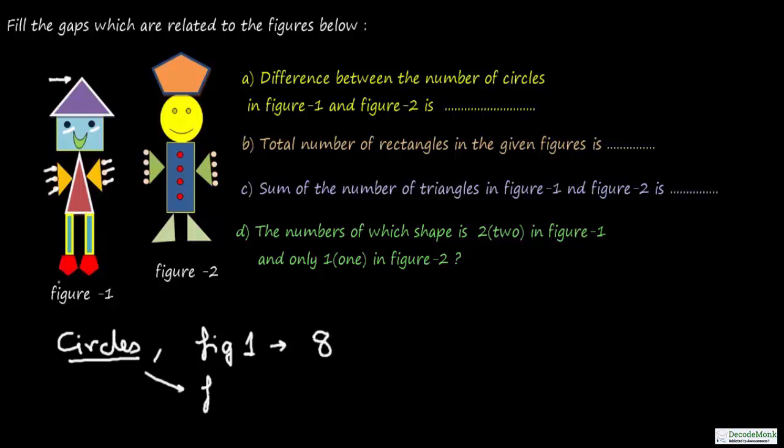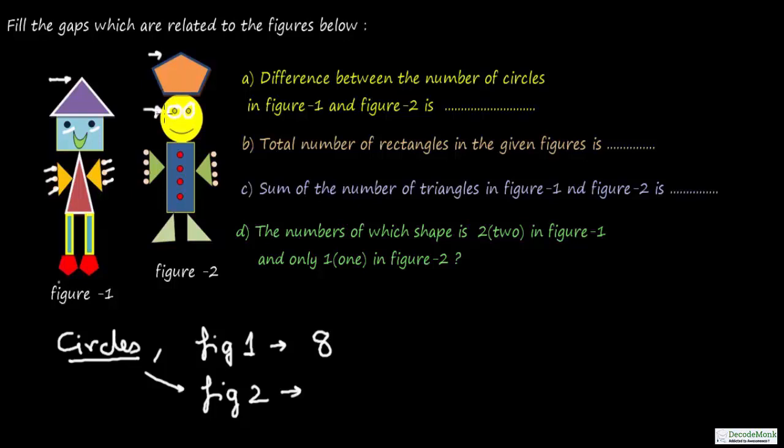Similarly, let us count the number of circles in figure 2. Here again, as you start from the top, you see the cap is a pentagon, 1 2 3 4 5. So there are 5 lines in a closed shape. As you come down, you see there are two eyes, 1 2, so two circles, and then there is one more circle.